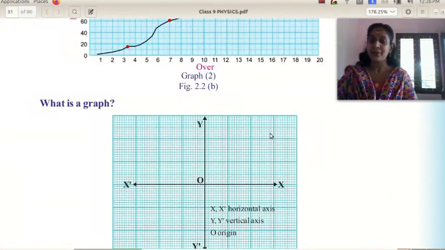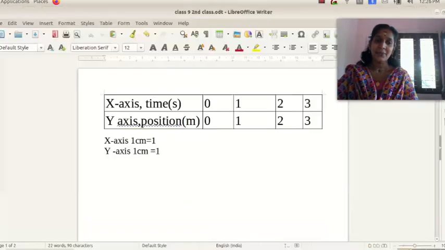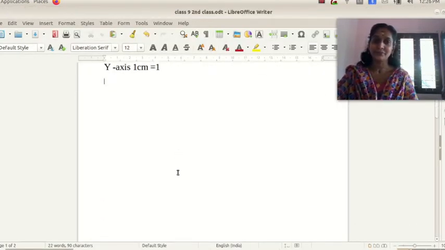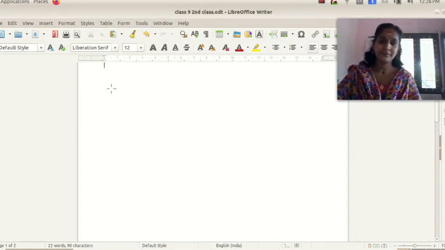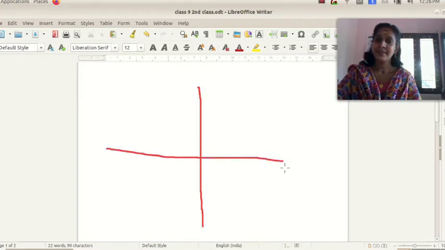The right side of the graph. Okay. Next we are going to draw the graph. This horizontal axis is called x-axis. We can mark here as x and x dash.